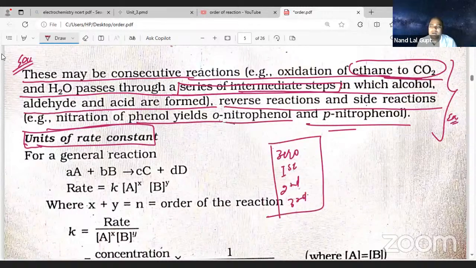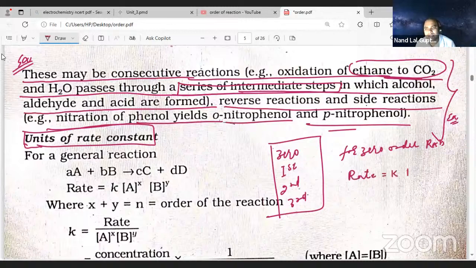Now I will ask you, for a zero order reaction, how can we write? Rate is equal to K, concentration of A to the power 0. So the rate unit is what?